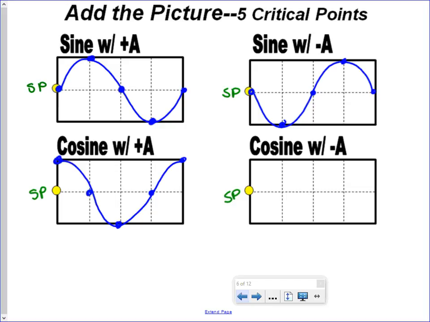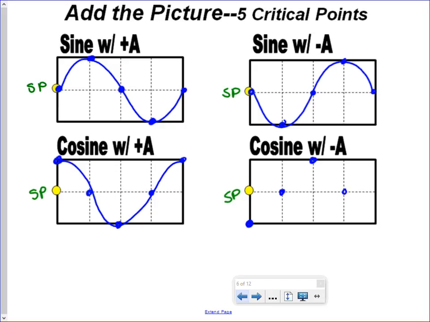And then cosine with a negative a, again, would just be a reflection in the x-axis, which will end up being a reflection over that midline for the graph before the transformation. So instead of starting at 0, 1, you're starting at 0, negative 1. Of course, if your starting point is not at 0, 0, that would be a different value.